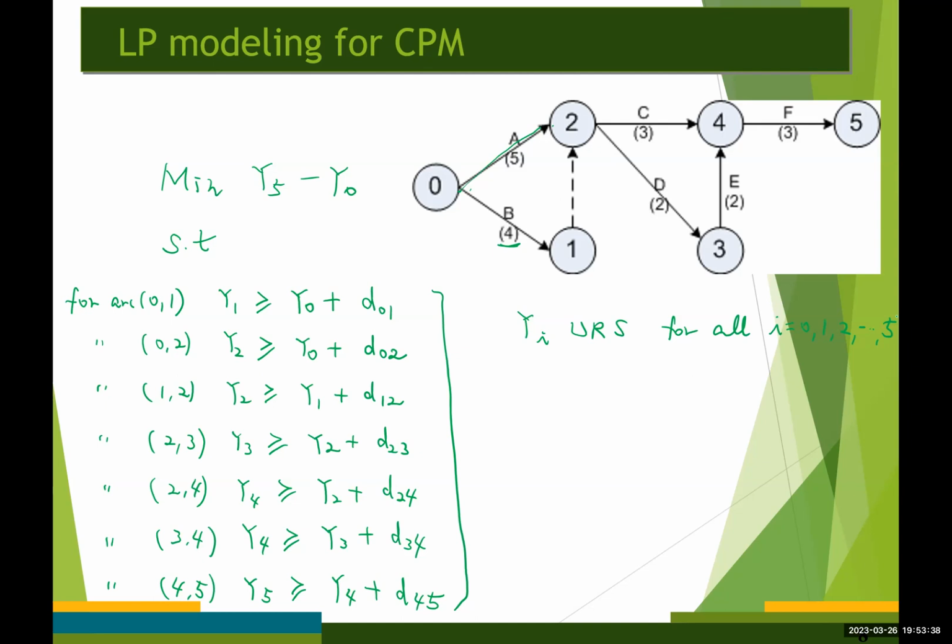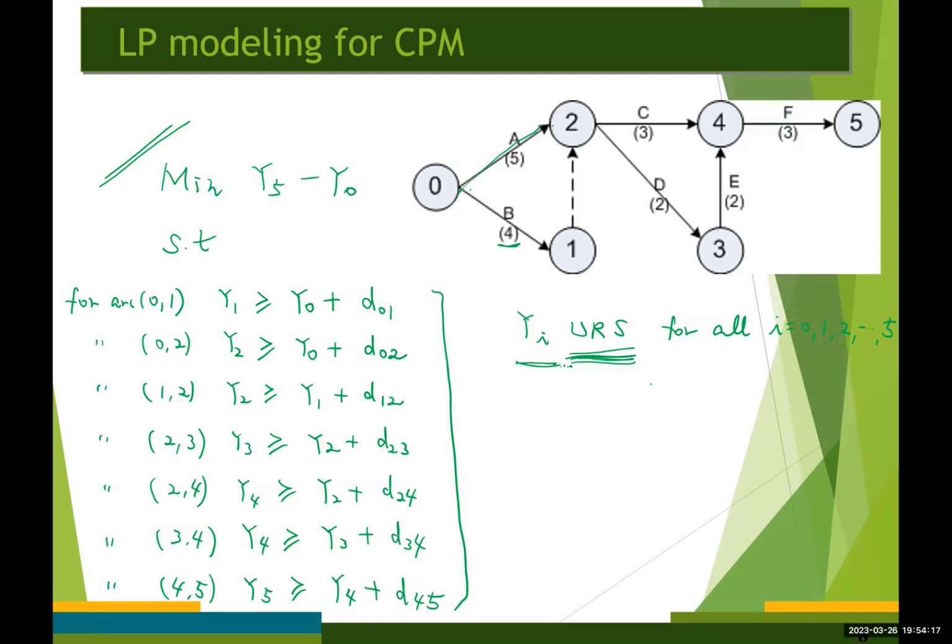This is because any event can begin at any point in time, in the past, present, or in the future. So that's why we put unrestricted in sign for every decision variable in this LP model. The decision variable y sub i can take any positive or negative real value in this case.